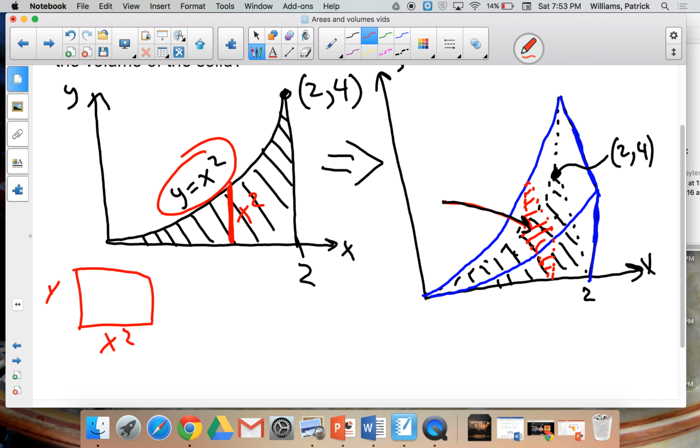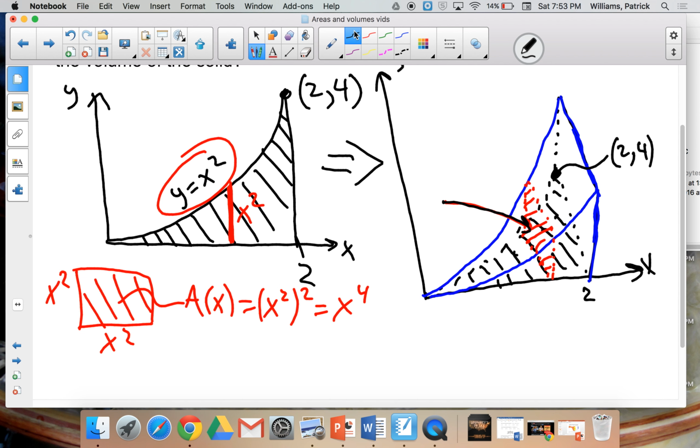So therefore, the area A(x) is going to be x squared, squared, because that's how we find the area of a square. It's one side squared, or it's going to be x to the fourth. And let's get rid of the red ink now and then use black. So if we want the volume, that'll be the integral of, well, our limits of integration are again from 0 to 2.